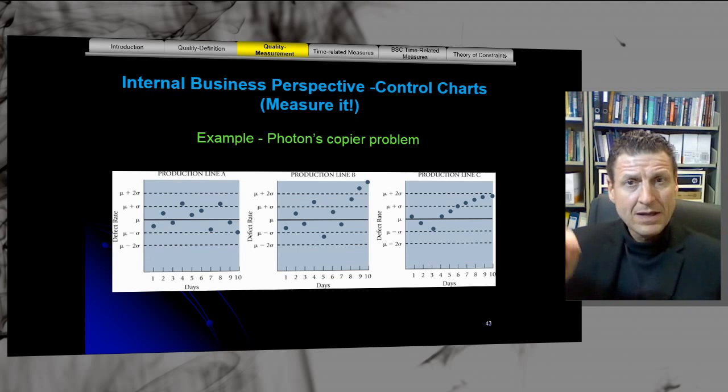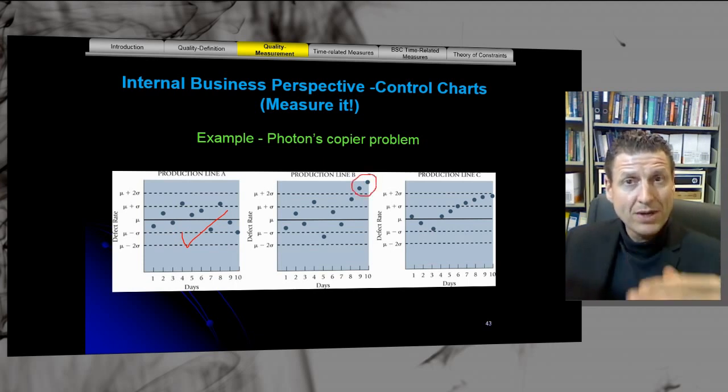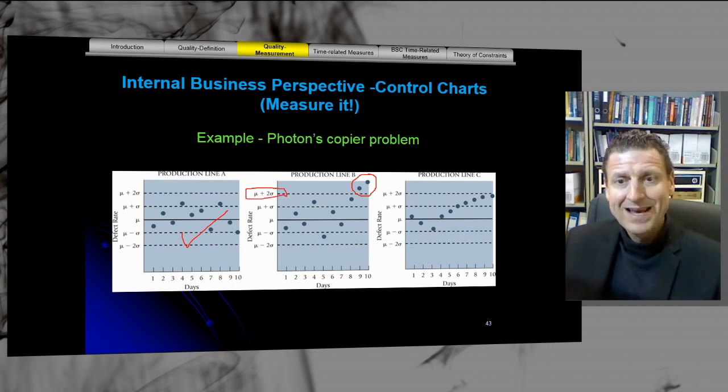Control charts enable you to see the extremes of variances in activity over time. With production line A, this is in control, so we can do a tick here. Production B is out of control. You can see it's gone beyond the tolerances if we've set this as our tolerance, 2 sigma.